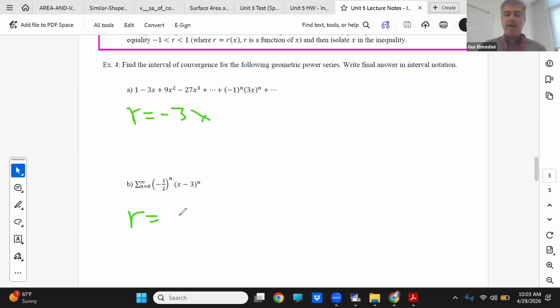Yep, negative 1/2, or you can write negative 1/2 times X minus 3. So now find your IOC for each, and give me the center for each as well.